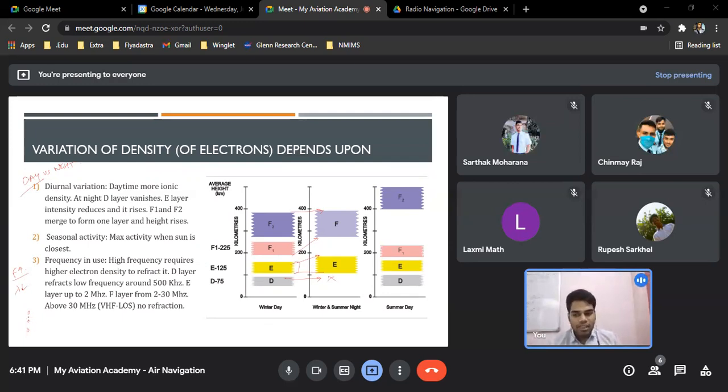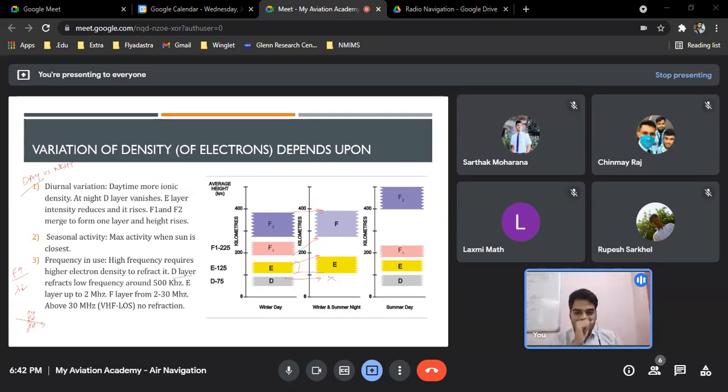So if I have more density in the atmosphere, and the same radio wave tries to pass through, it will have to refract because it will now go through these dense particles. So it will refract. Now this refraction is very, very important. We'll discuss this in our slides.